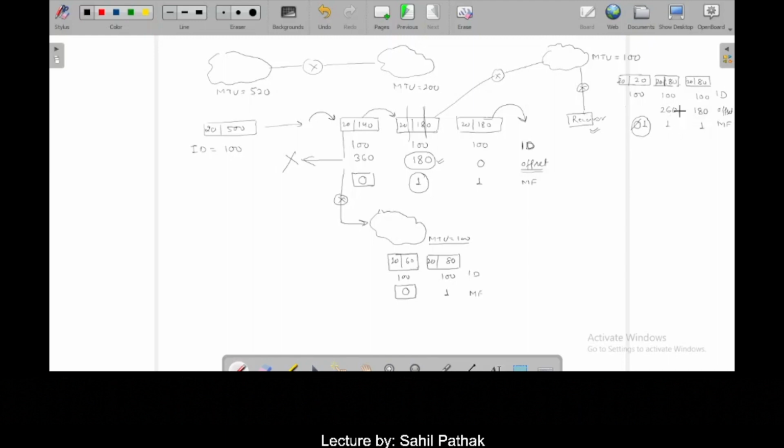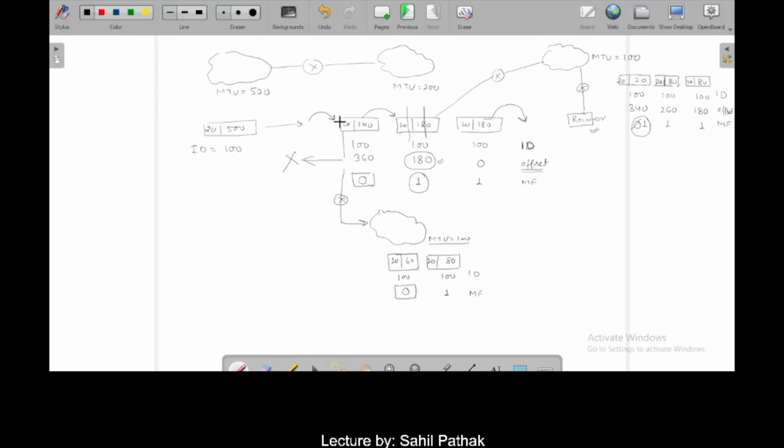Okay, and for this इसके इस फ्रेगमेंट के लिए अगर ऑफसेट वैल्यू कैलकुलेट करने चलें तो 180 are ahead of this, and then 80, and then further 80. So 180 plus 160, and that would be 180 plus 160 is 340. So the offset value for this fragment would be 340.